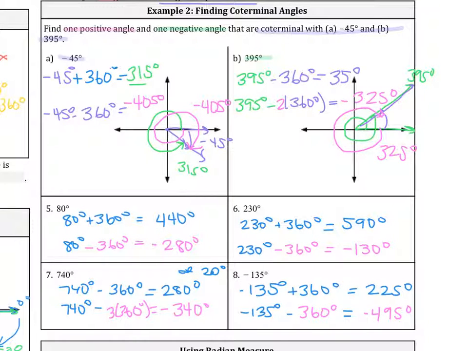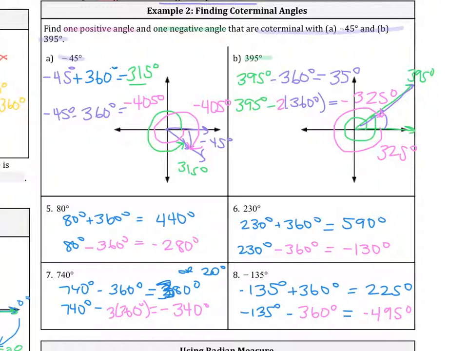So hopefully you tried this out. If you tried 80 degrees, you would get something like 440 or negative 280. For 230, you add 360 and get 590, and you subtract 360 from 230 and get negative 130. For number 7, you could get 380 degrees, sorry, let me correct that, 380, not 280.